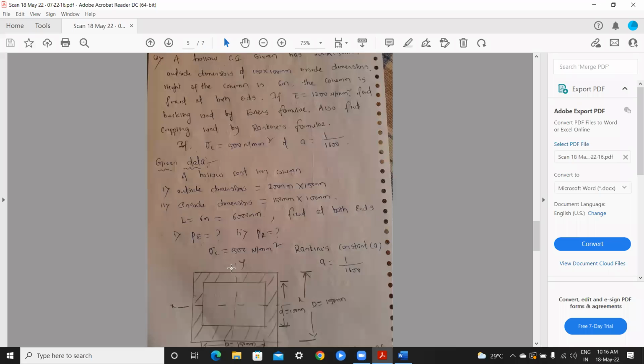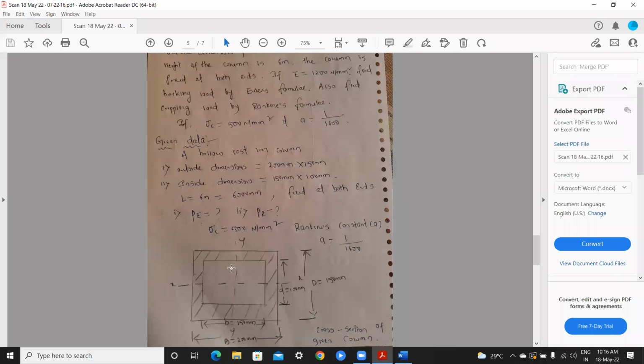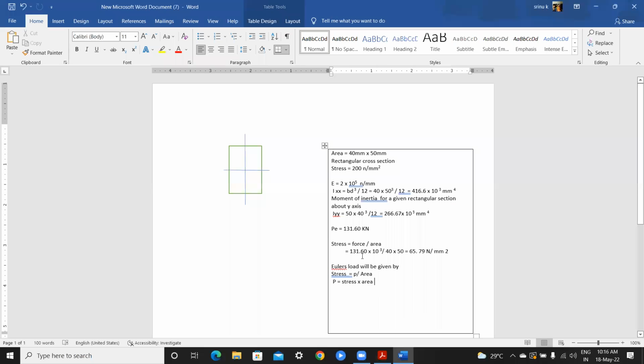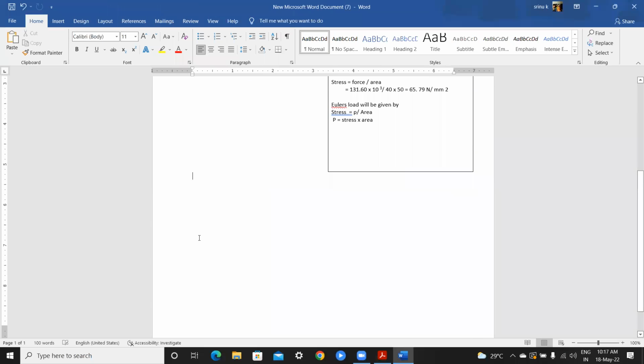So here the given data: a hollow cast iron column, I will write again here. A hollow cast iron column.